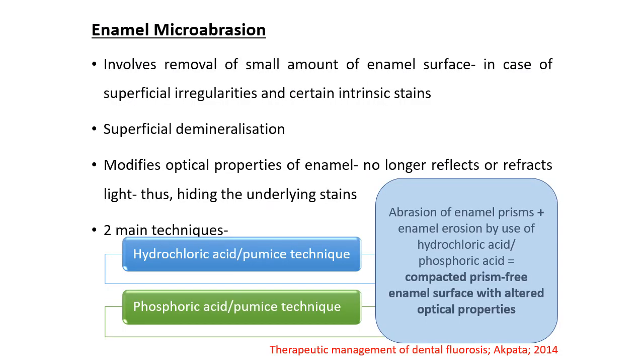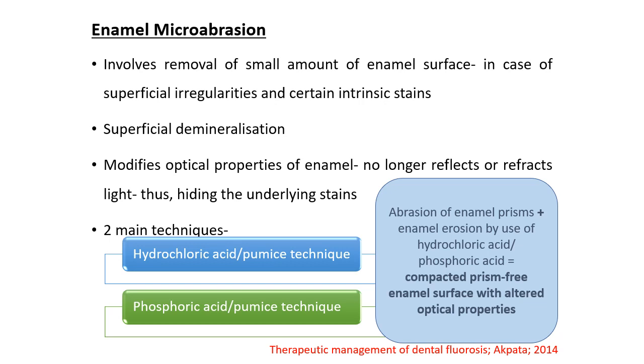Enamel microabrasion is one of the most common methods used for removal of a small amount of enamel surface, in case of superficial irregularities and certain intrinsic stains. Enamel microabrasion can cause superficial demineralization. It modifies the optical properties of enamel, which no longer reflects or refracts light, thus hiding the underlying stains.